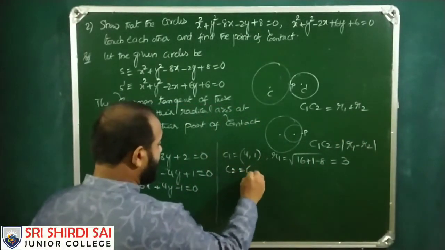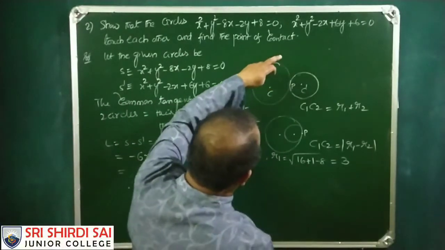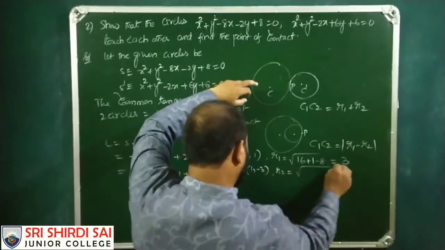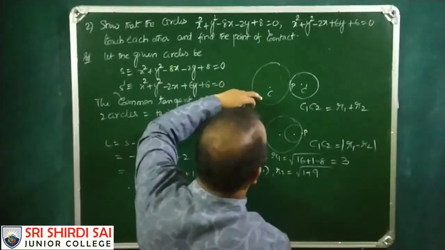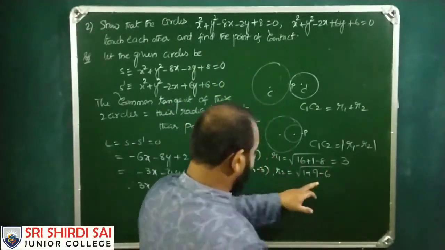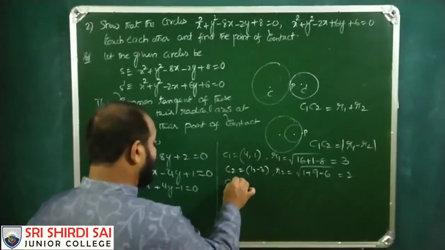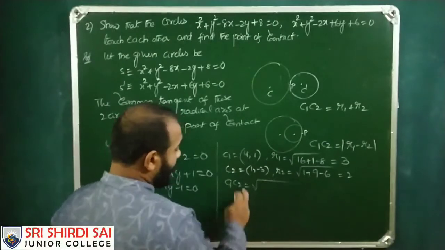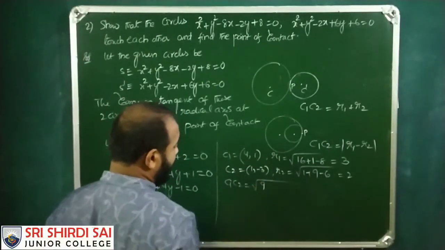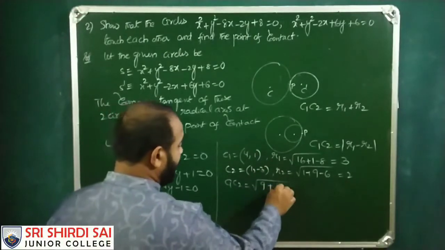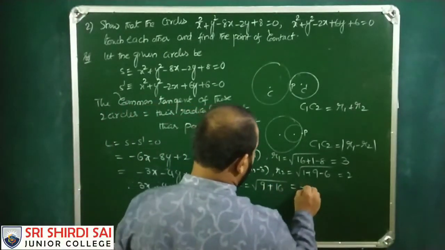C2 is (1, minus 3). R2 is equal to square root of 1 plus 9 minus 6, 10 minus 6, root 4, which is 2. Now C1C2, the line joining the two centers: (4 minus 1) whole square is 9, (1 plus 3) whole square is 16. So this is equal to root 25, which is 5.